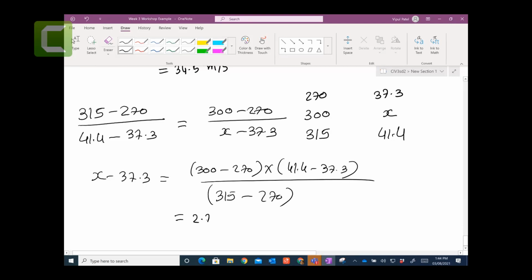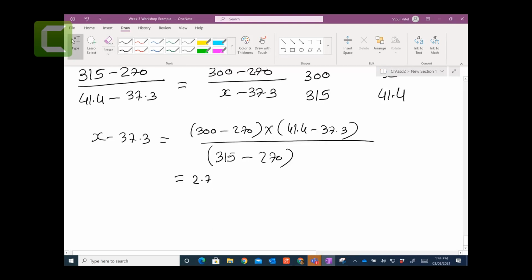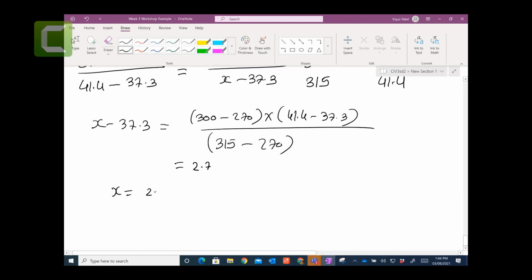So you have 2.73, let's get 1 decimal place. So x equal to 2.7 plus 37.3, you get 40 meter per second.